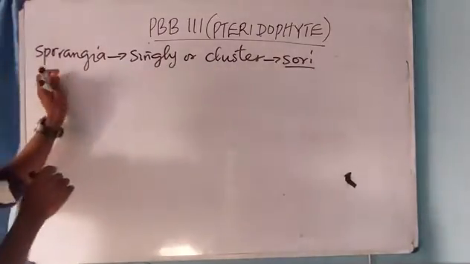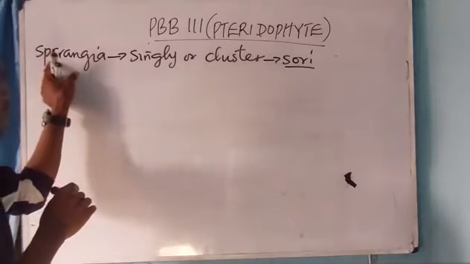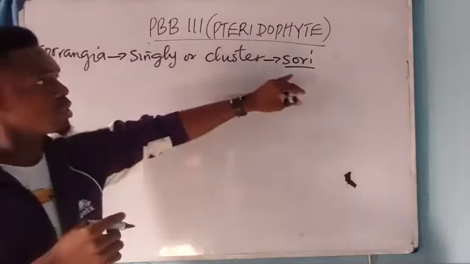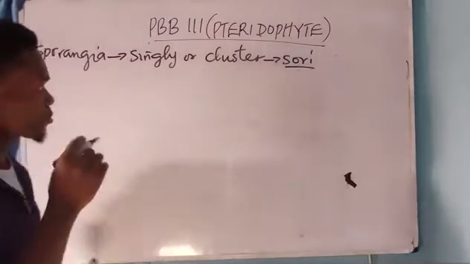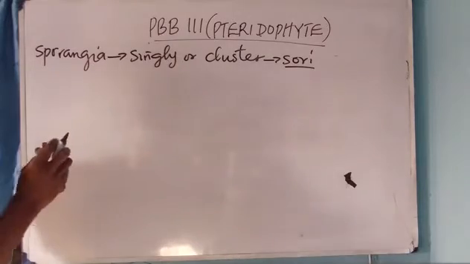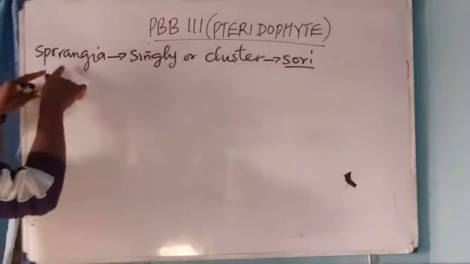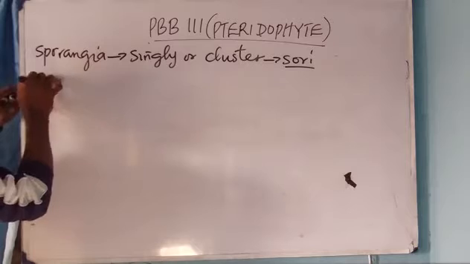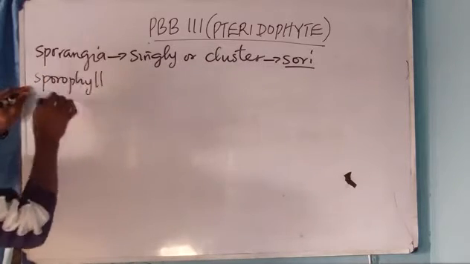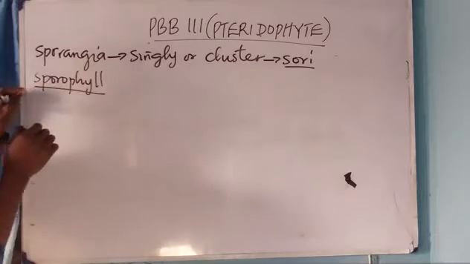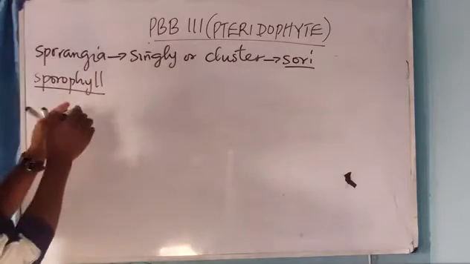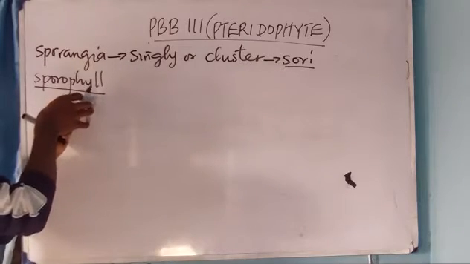Now, when this sporangia is found born in a leaf, that leaf that this sporangia is found is called what? Sporophyll. The leaf that the sporangia are found born is called what? Sporophyll. Take note of that.